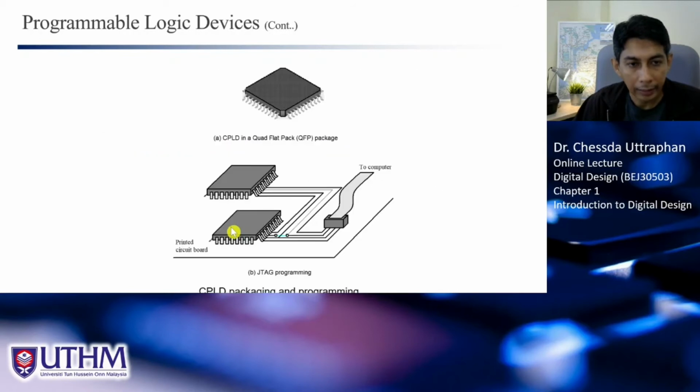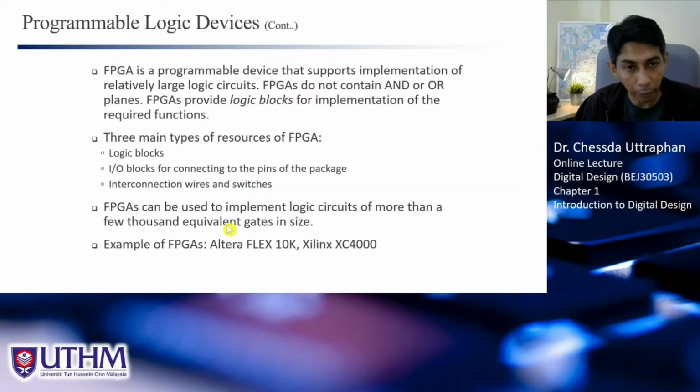And the latest one that is very popular today is this FPGA, field programmable gate array. It is used in designing prototypes, or very fast designs that we can test very quickly.